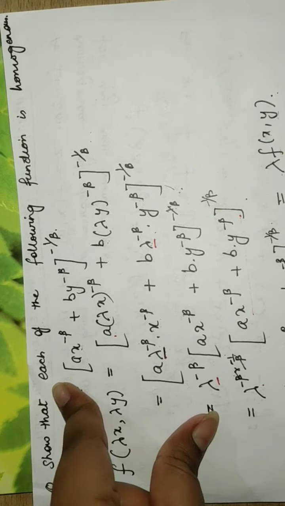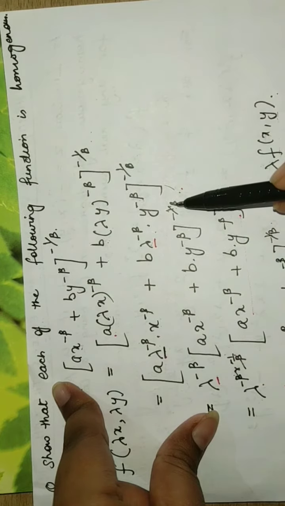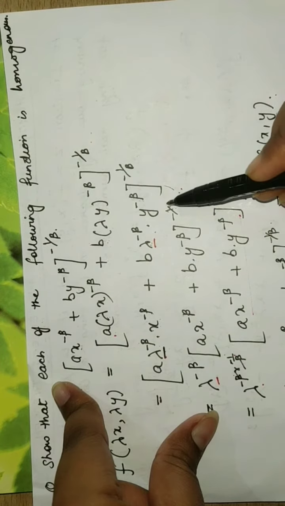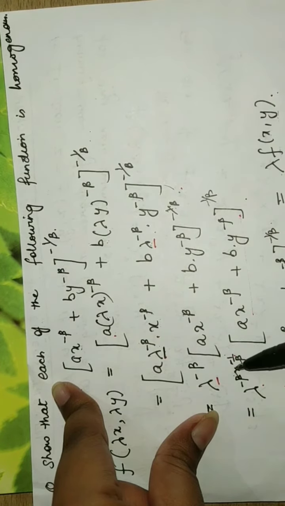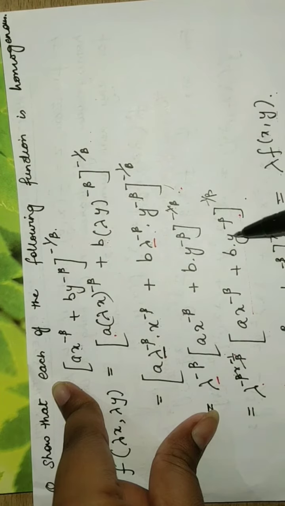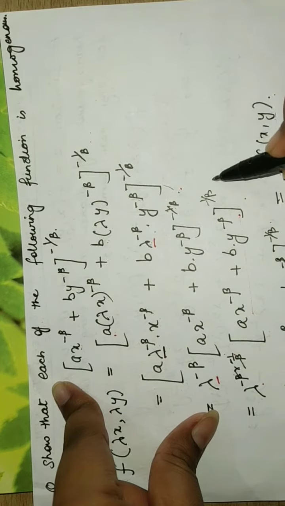Now how should we proceed? Lambda to the power minus beta, we multiply the power into 1 by beta. Then the bracket a x to the power minus beta plus b into y to the power minus beta raised to the power 1 by beta.